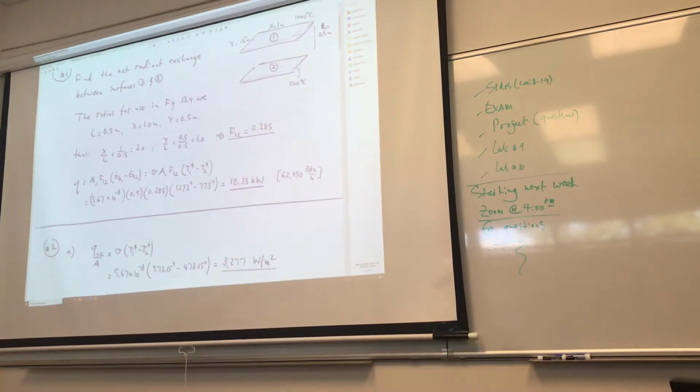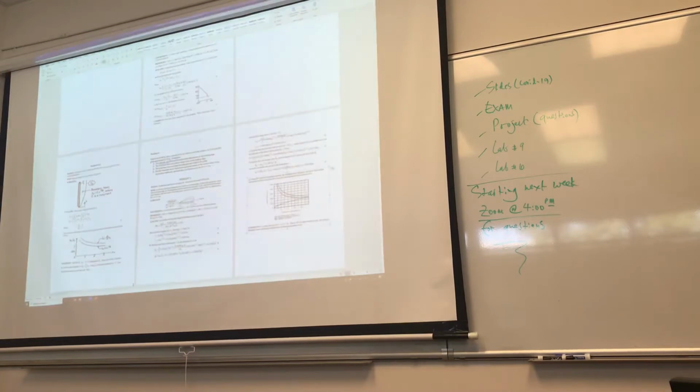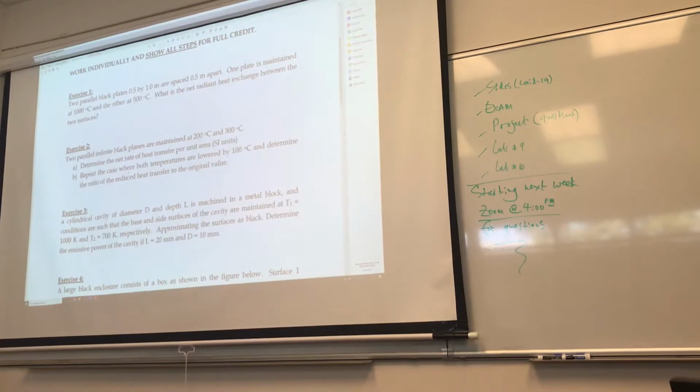Problem number 2. Two infinite parallel plates are maintained at 200 and 300. What is the net heat exchange?